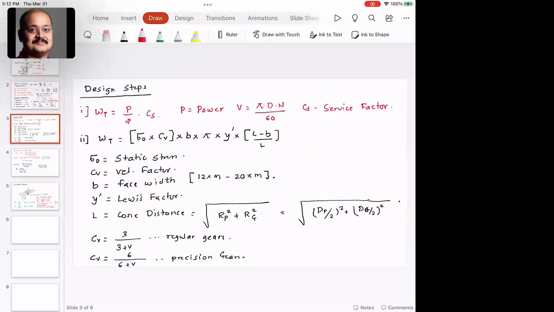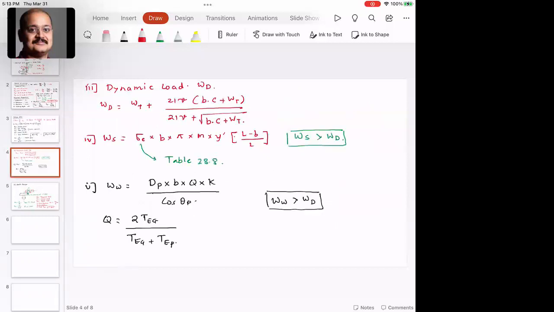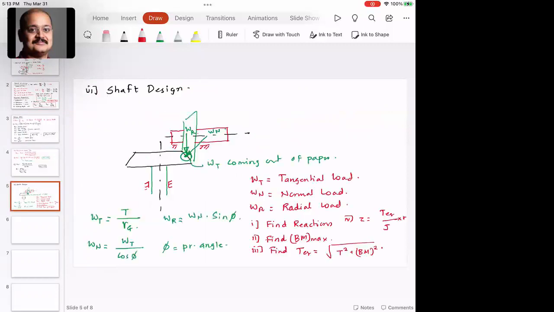Next, the first step is to find the value of Wt, then find the module based on the beam strength equation. Then next step is finding the dynamic load and the static load. The static load needs to be greater than the dynamic load, and the wear load should be greater than the dynamic load. And at the end, the design concludes with shaft design.